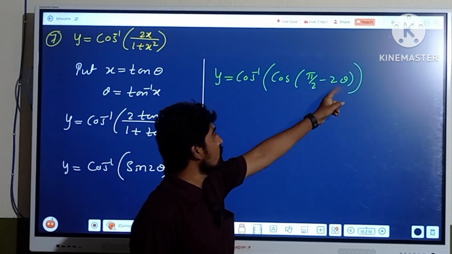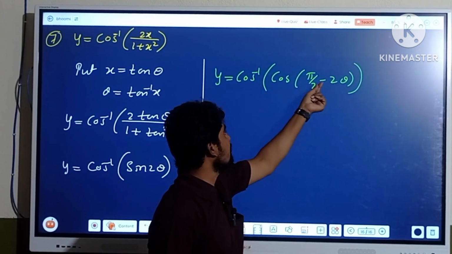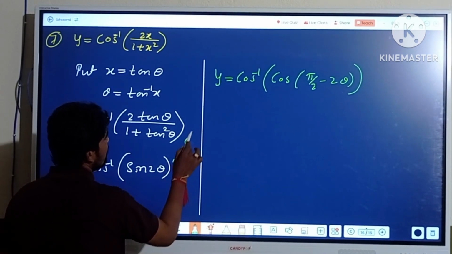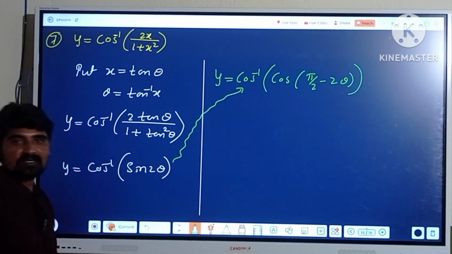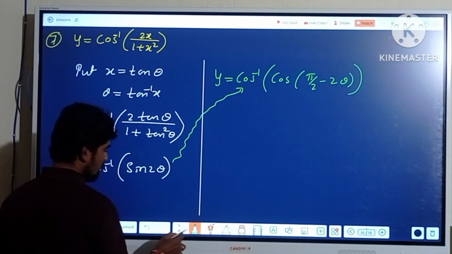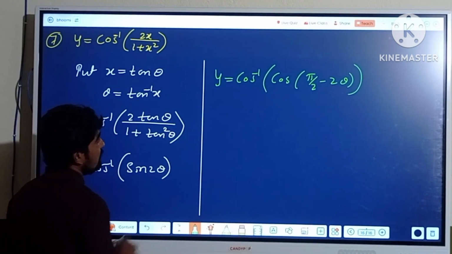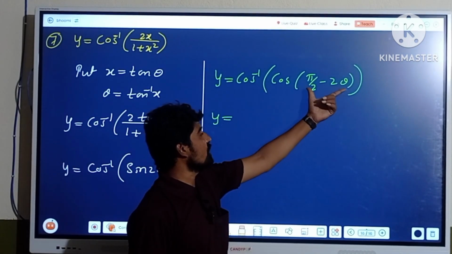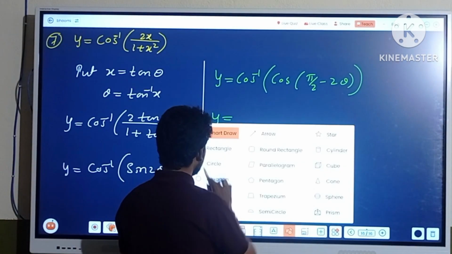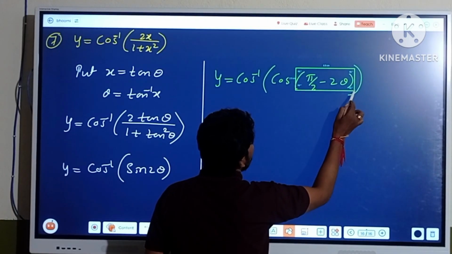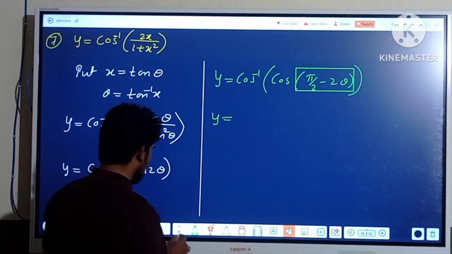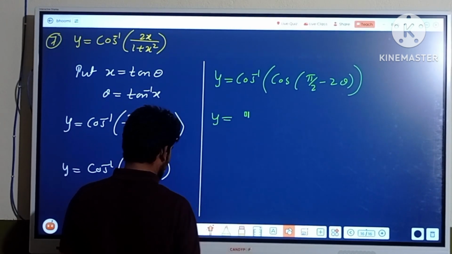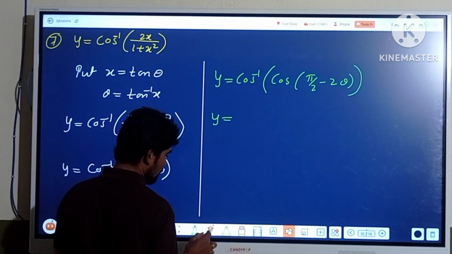Here theta is 2 theta, therefore cos 90 minus 2 theta is definitely equal to sin 2 theta. So there is no difference between these two statements. Now y equals cos inverse of cos of something. What is something here? Something is pi by 2 minus 2 theta. So cos inverse of cos of pi by 2 minus 2 theta is pi by 2 minus 2 theta.